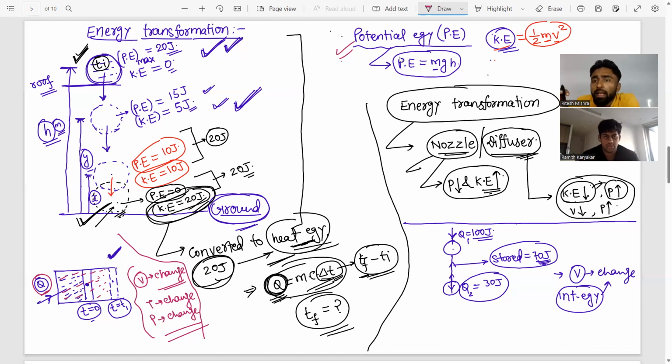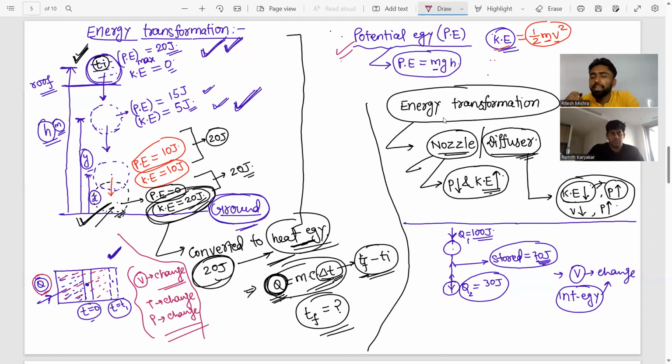Dear friend, see, in the whole world, there are basically two types of devices. One is the energy transfer device, the other is the energy transformation device. In the energy transfer device, there will be no energy transformation. Listen carefully. In the energy transfer device, there will be no energy transformation. But in the energy transformation device, there can be energy transfer.